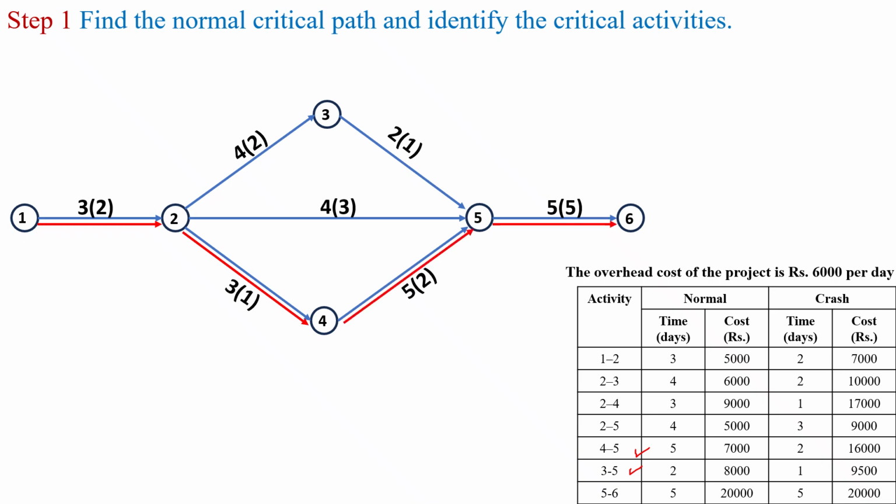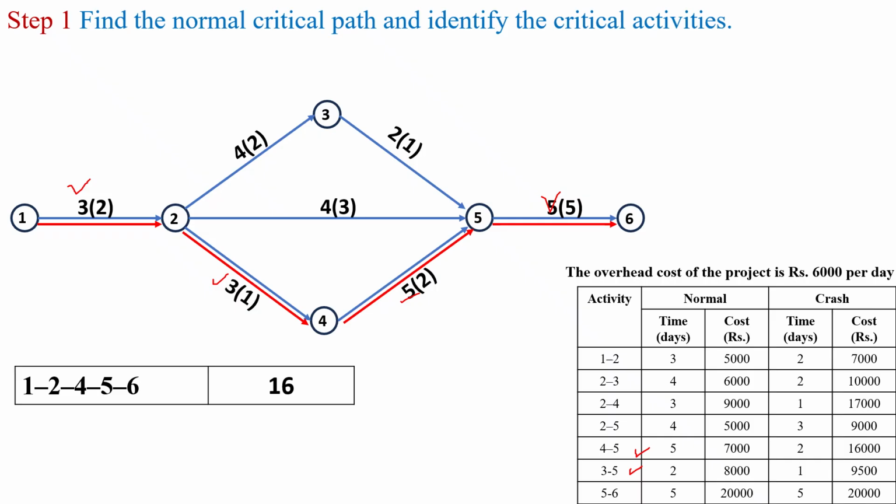Considering only the normal time, its duration is 3 plus 6 (sic), 6 plus 5, 11, so 11 plus 5, 16. Another possible path is 1 to 2, 2 to 5 and 5 to 6, and its duration is 3 plus 4 plus 5, which is 12.